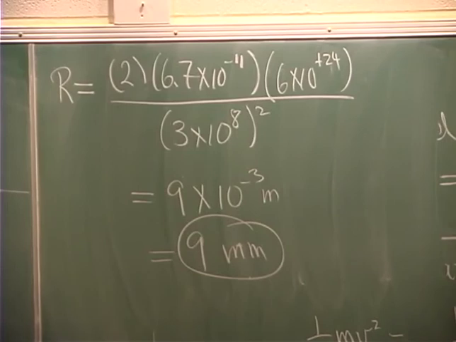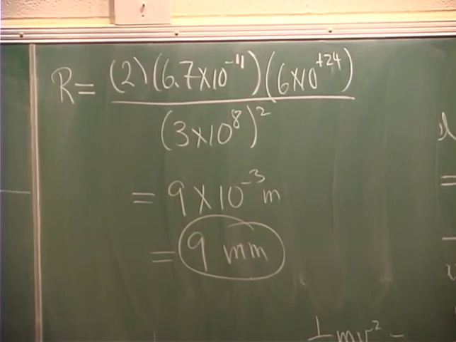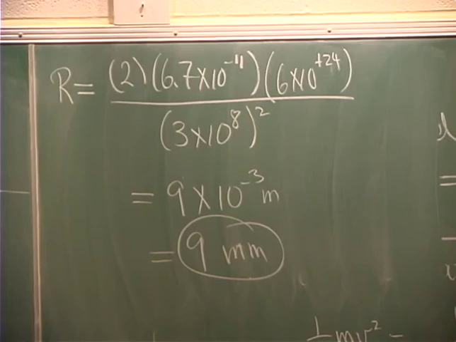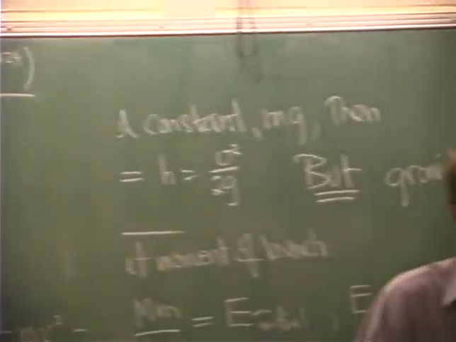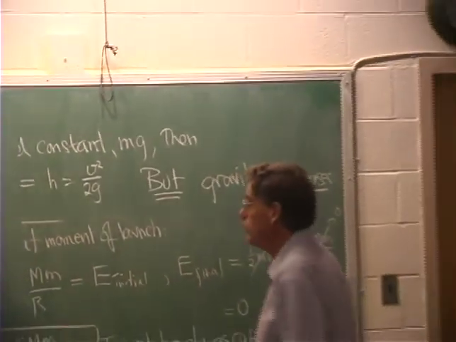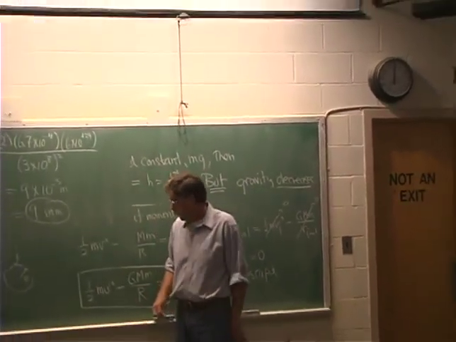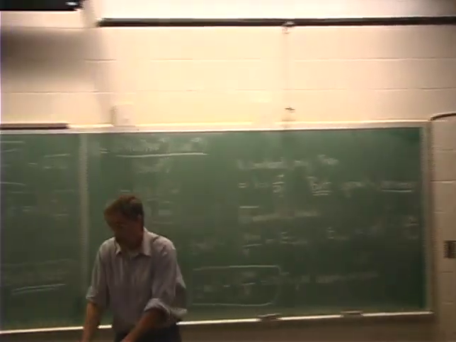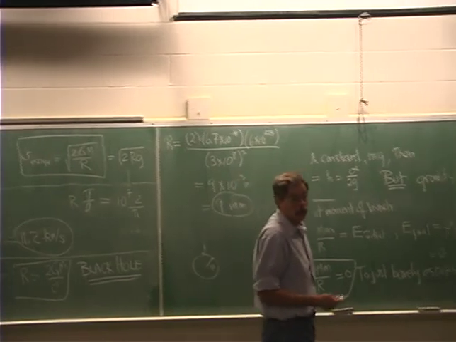So if you took the Earth and squished it down till it was 9 millimeters in radius, 18 millimeters in diameter, almost 2 centimeters in diameter, about that big, a largish marble. If you squished the Earth down that tight, the Earth would become a black hole. The escape velocity would be the speed of light, and no light would get off the Earth.